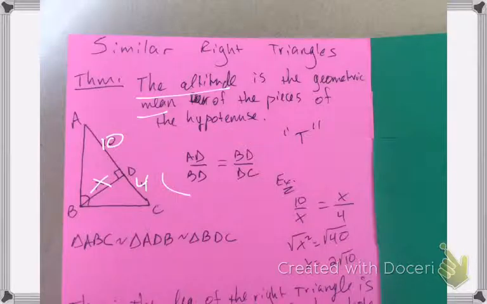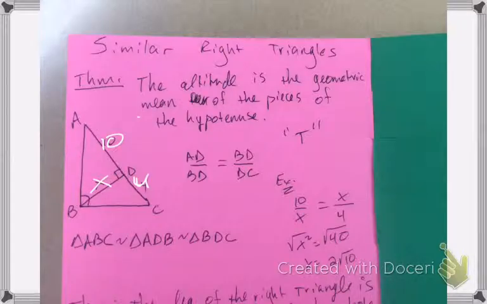So I'm going to make a proportion, and since the altitude is the geometric mean, I put the altitude x in the up diagonal. It's the geometric mean between the pieces of the hypotenuse, AD and DC, so 10 and 4.